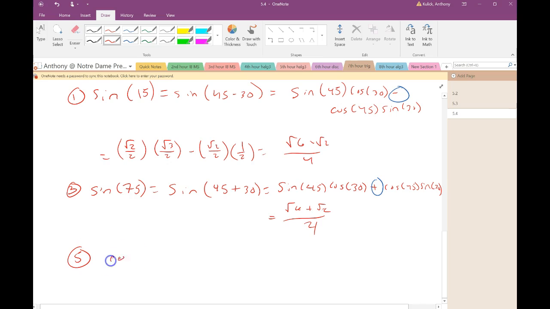All right. Cosine of pi over 12. So this should be pi over 3 minus pi over 4. Notice that you could have also converted it to 15 degrees and done it that way.